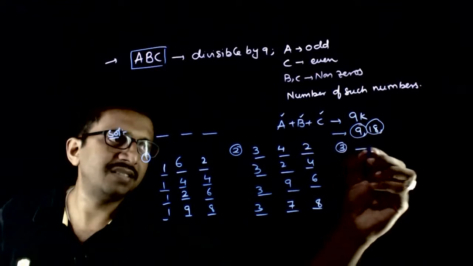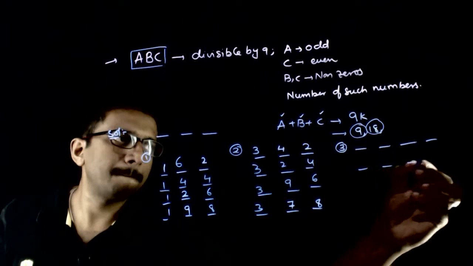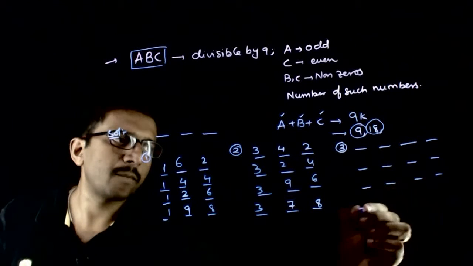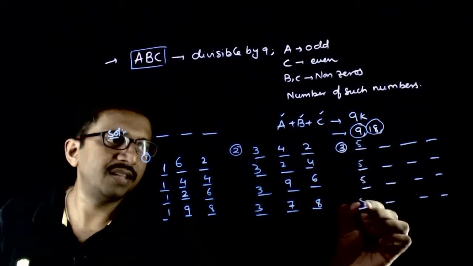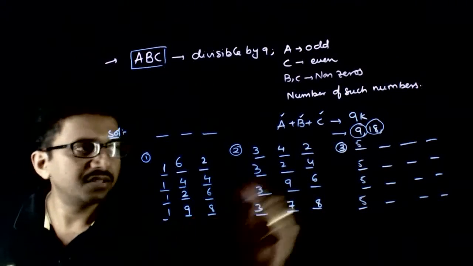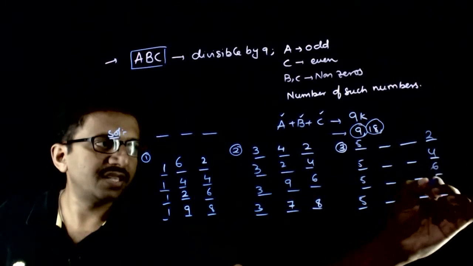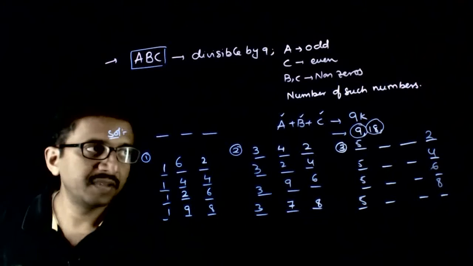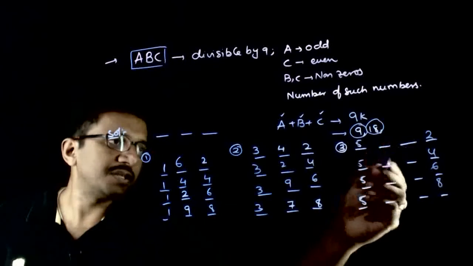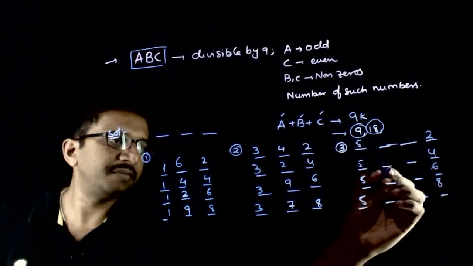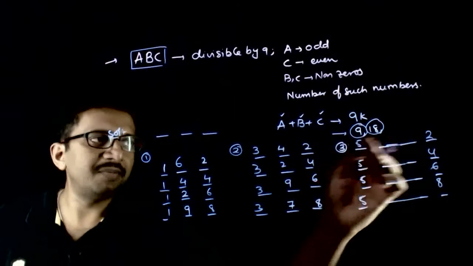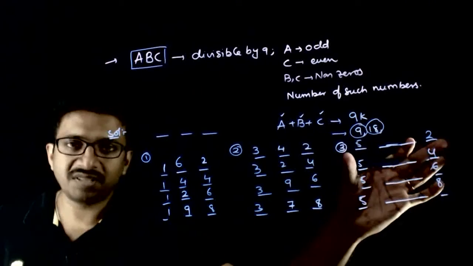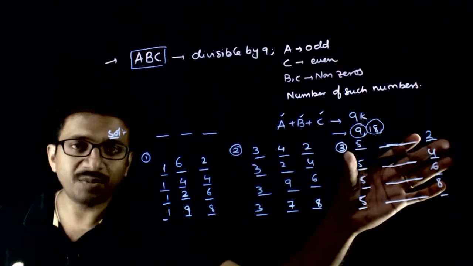So let us take the next case. Let the first digit be 5. The last digit can be either 2, 4, 6, 8, one of these. With 5 and 2, the sum is 7, so the total sum has to be either 9 or 18.